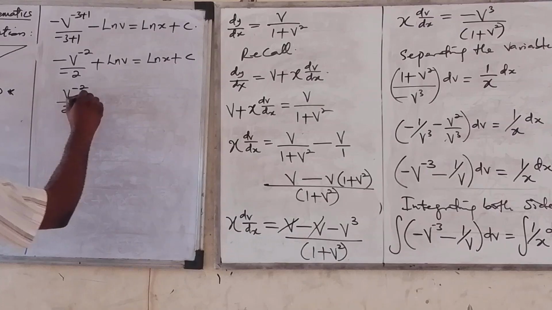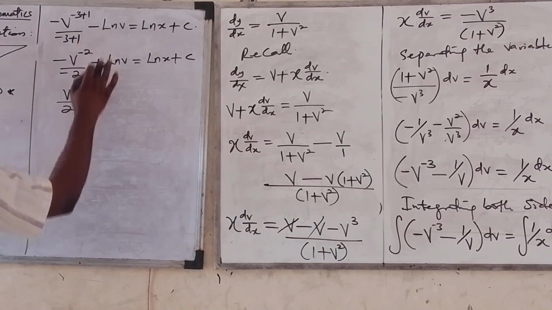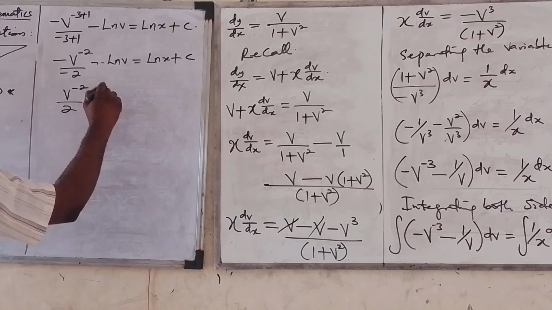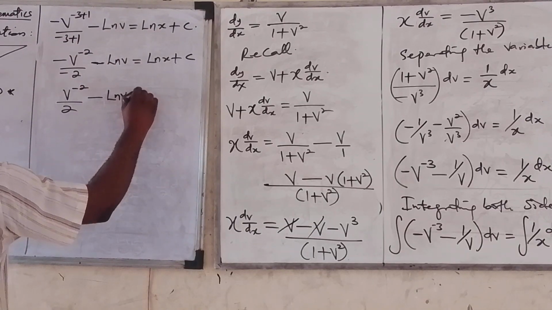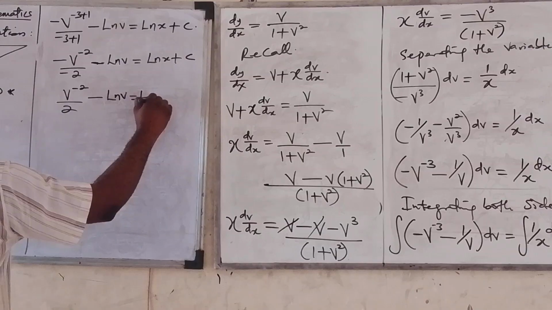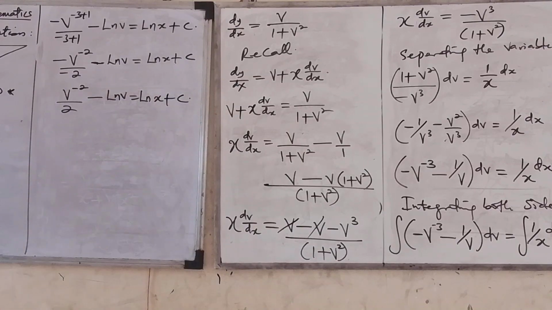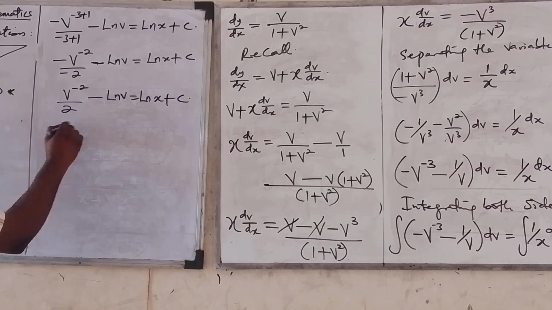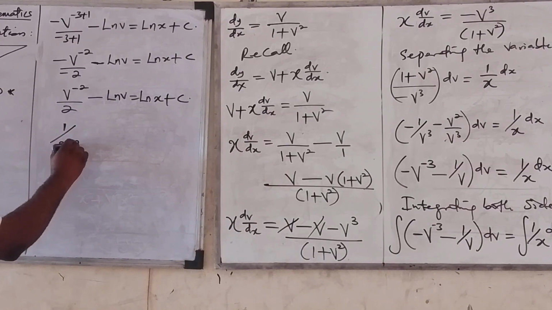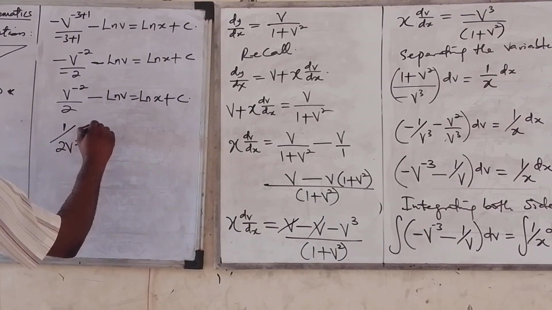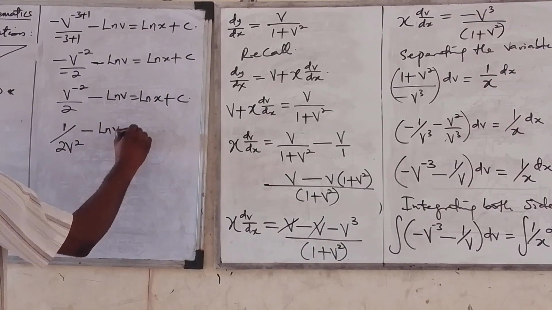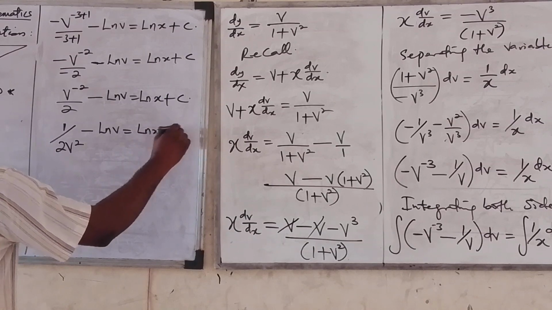Sorry, this is minus ln v. Yes, minus ln v is equal to ln x, then here we have plus c. So this is the same as saying 1 all over 2v squared minus ln v is equal to ln x plus c.